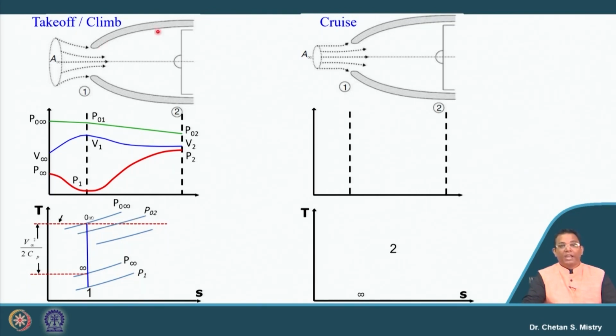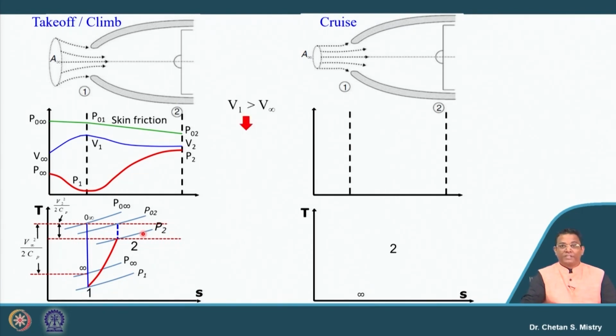Since within my diffuser the total enthalpy, or total temperature, remains constant but there is a drop of pressure, I will have P02, which is less than my P0 infinity. And if I put V2 squared by 2 Cp, that gives me my static pressure. So if we join these together, that represents my static pressure rise. Okay.